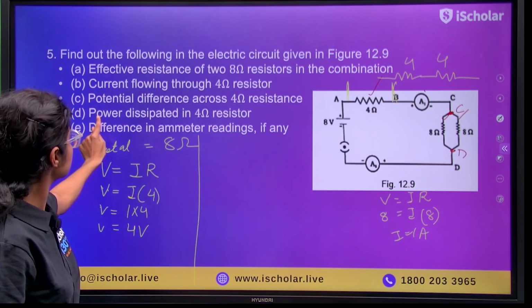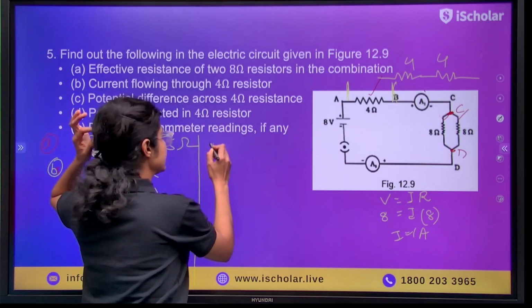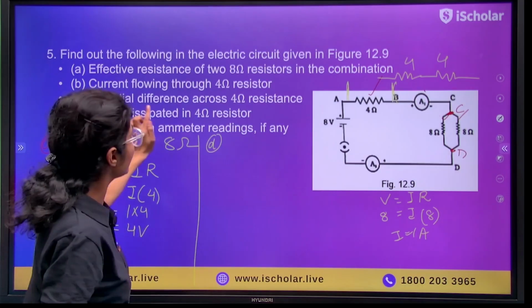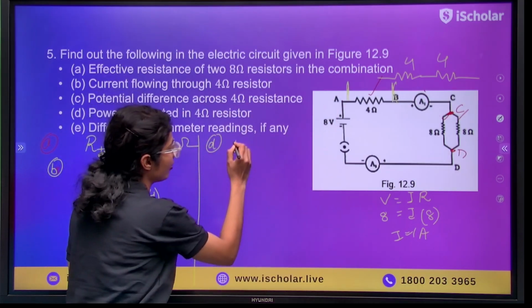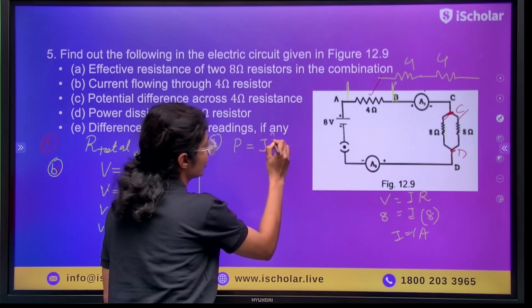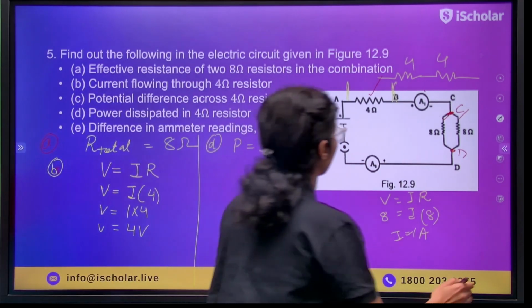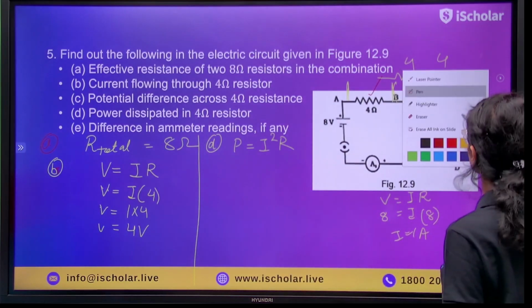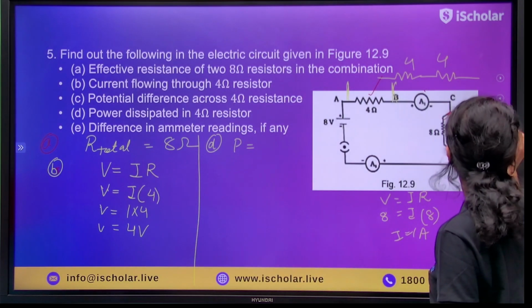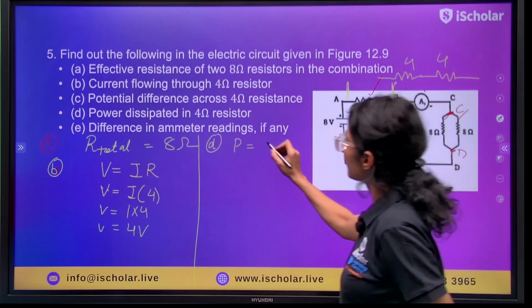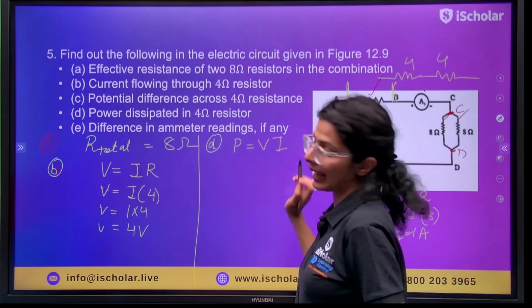The next is power dissipated in 4 ohm resistance. We are going to calculate this D part, that is power dissipated in the 4 ohm resistance. So we know that the power formula is simply I square into R. Or you can write this formula as voltage into I. We are writing the value for power, which is given as voltage across that resistor into the current.